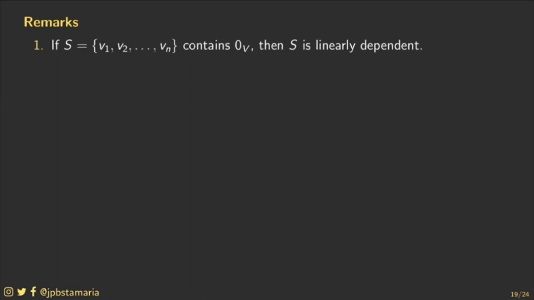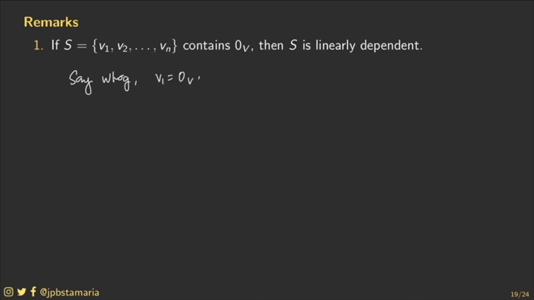There are just some few remarks that I would like you to always know. Number one, if you have a collection of vectors and one of these is the 0 vector, then automatically this set is linearly dependent. Why? Let's just say without loss of generality that V1 is the one that is 0.